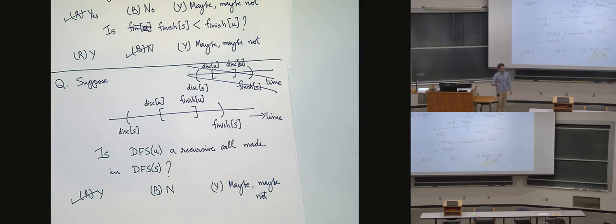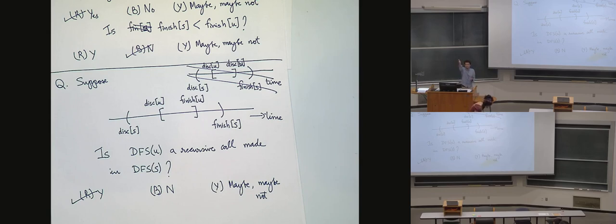So when U finishes, the procedure for S is still running because it's still on the stack. Which means that when S is running, U is running and U is finishing, which means it's basically a recursive call. That's the only way. Everything that is running at that point is a recursive call.